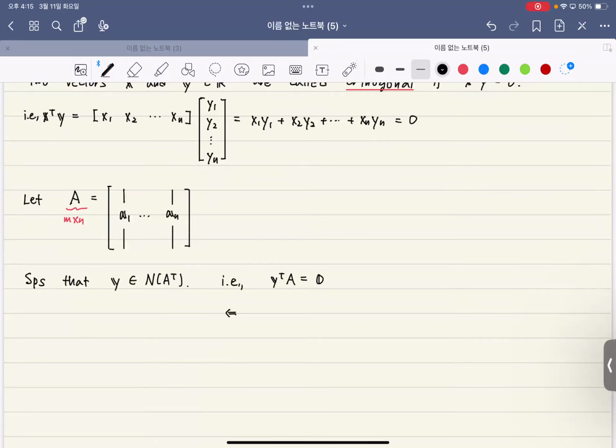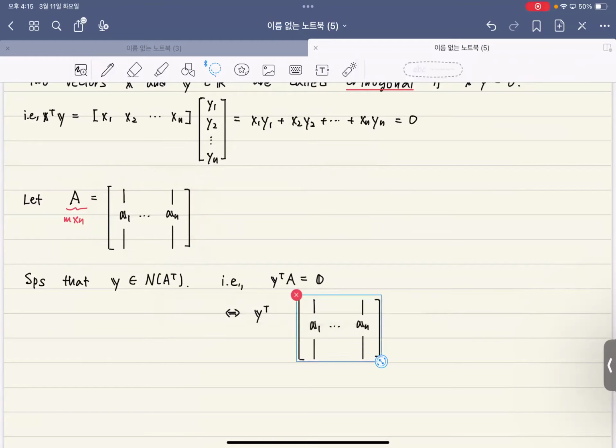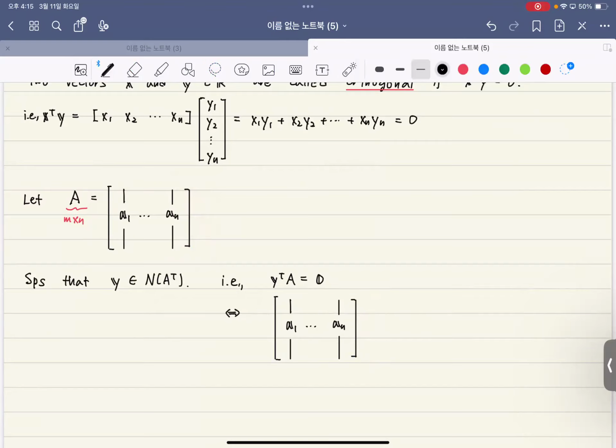And again, this is the same as y transpose times A, which I told you was my matrix. What is the result? This is a row vector times an m by n matrix, so it is a 1 by n matrix.